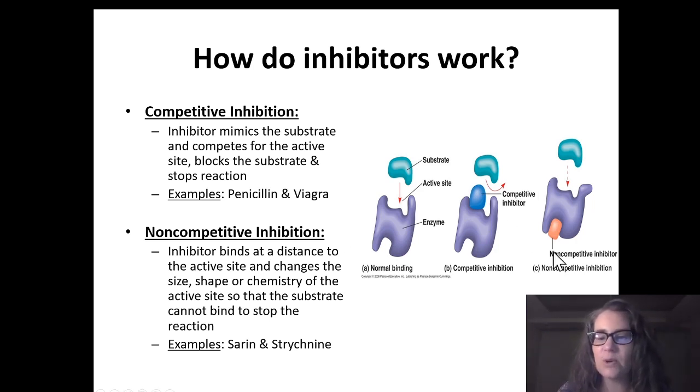Non-competitive inhibition is shown in C over here. This is where your inhibitor binds at a distance and then changes the active site's chemistry or size or shape so that the substrate no longer can fit. If you can change that active site and block the substrate from being able to dock, then you can stop the reaction. There are lots of poisons that fit into this class as well, like sarin, a common terrorist weapon that decreases the way that the muscles and the lungs inflate and deflate so it can stop breathing, and then people die.